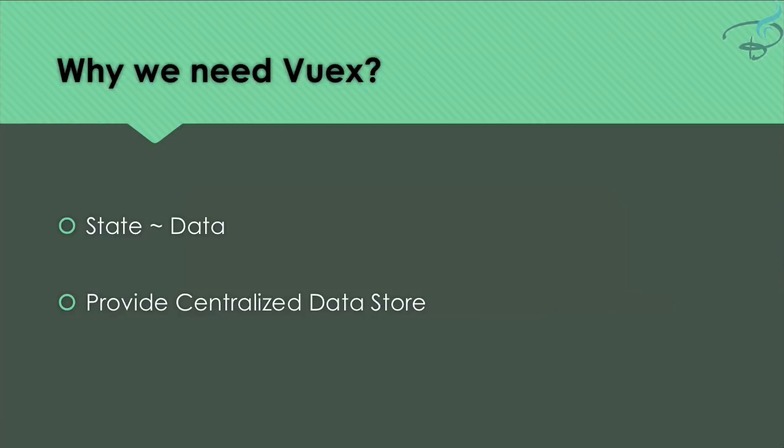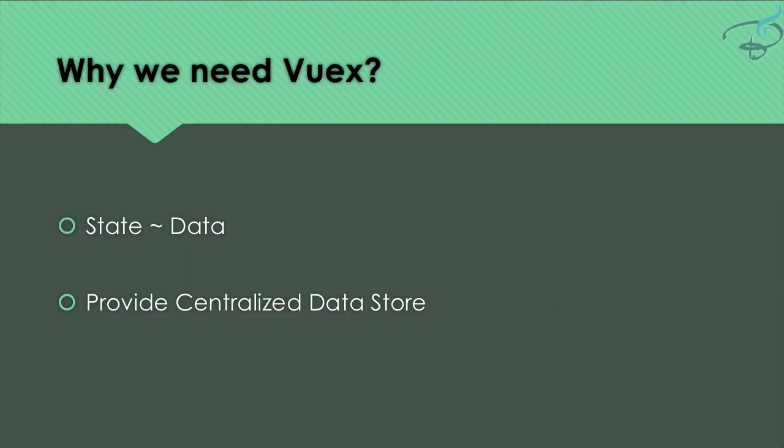So to pass the data from A to D, you need to pass that data through B and C also. Why is this? You don't want your data to pass through B and C, but you don't have any choice if you are using only the Vue.js prop system. But with Vuex, you have a centralized store.